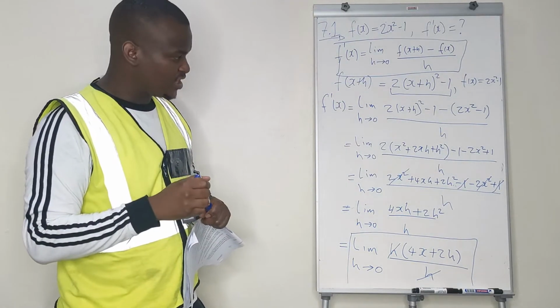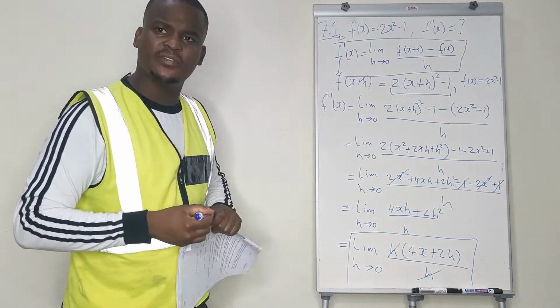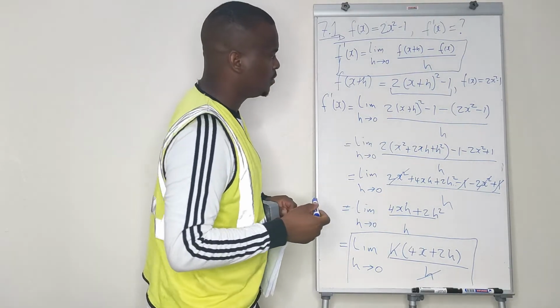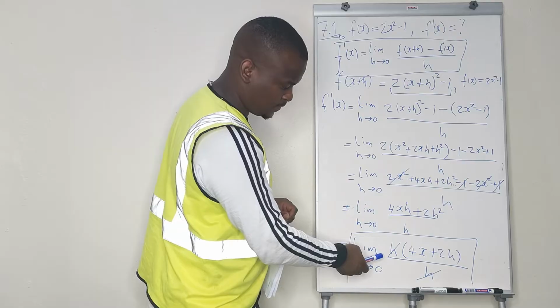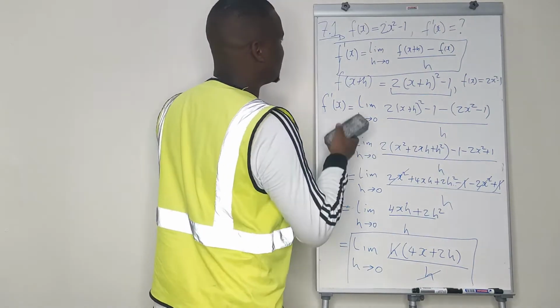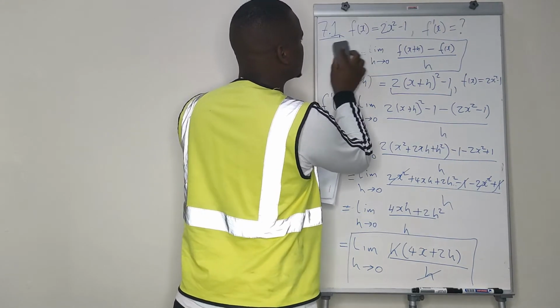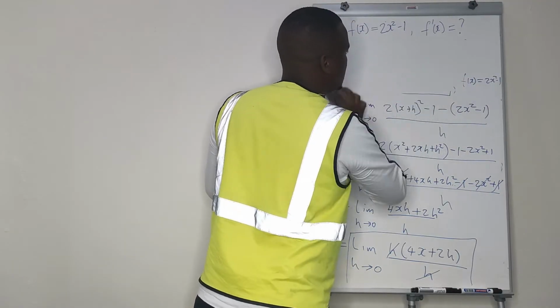So after substituting from your definition, the only thing that I did is to simplify up to this point. So I'm going to delete everything up here so that I can continue.